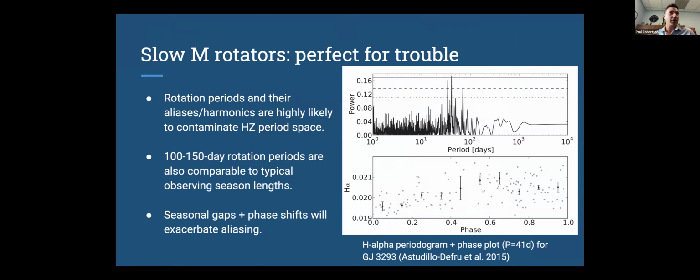If you have a rotation period that matches an observing season and it's changing phases between seasons, then if you look at a power spectrum, it spreads the power of the rotation period out into a cone like this. So these are all peaks associated with the stellar rotation period. It's not clear what the actual period is. And obviously, you've got power spilling out into a lot of places that you might be interested in finding planets.